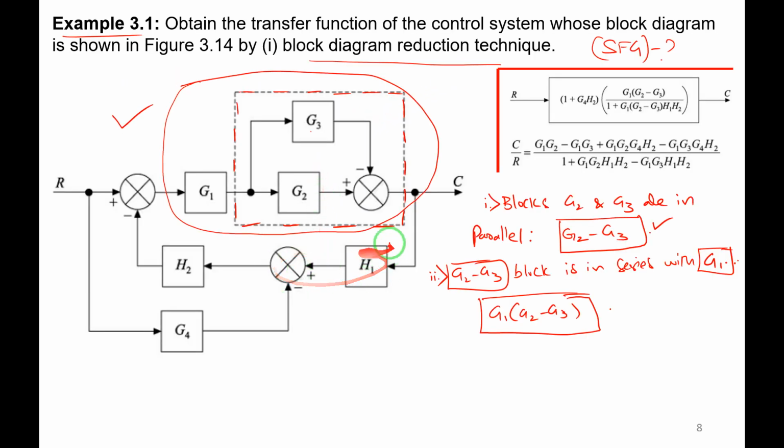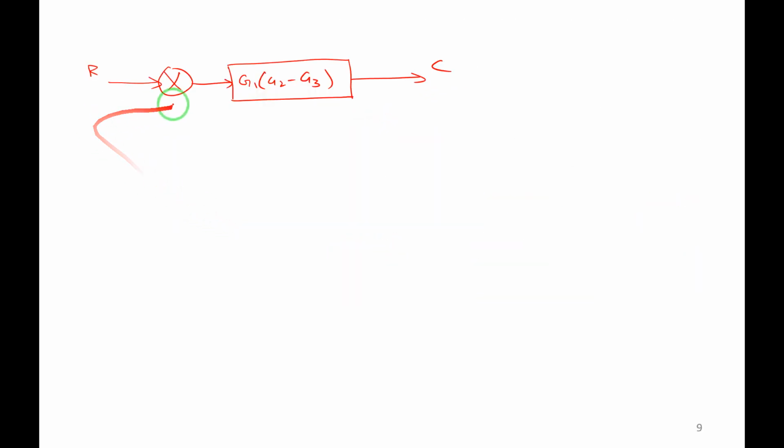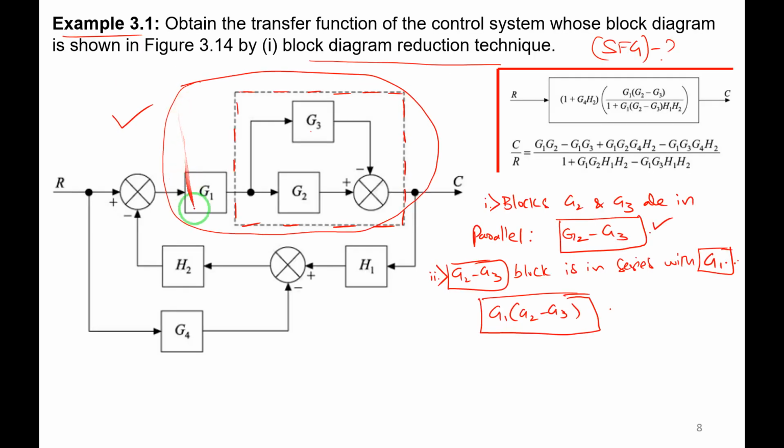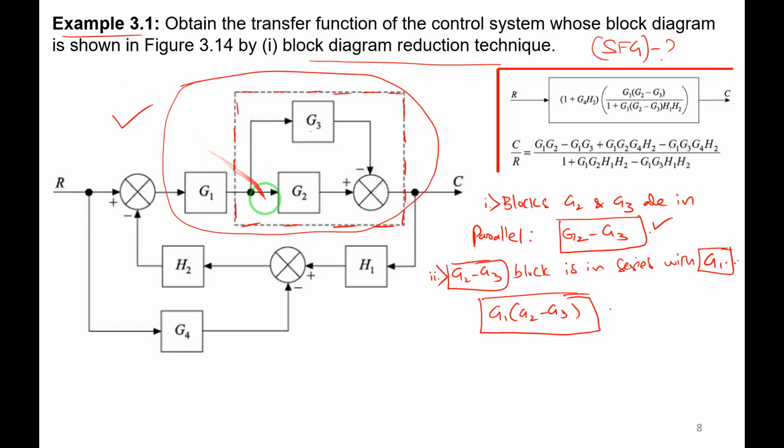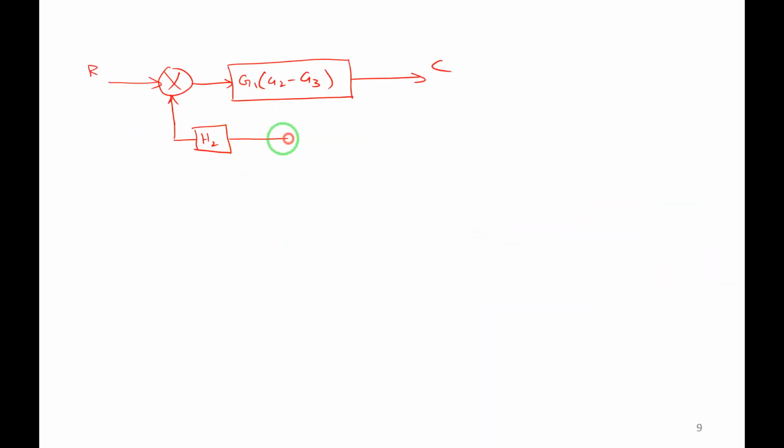But other blocks are there, I have to take care of them also. H2, then one more summing point, H1, and it is coming from the output.